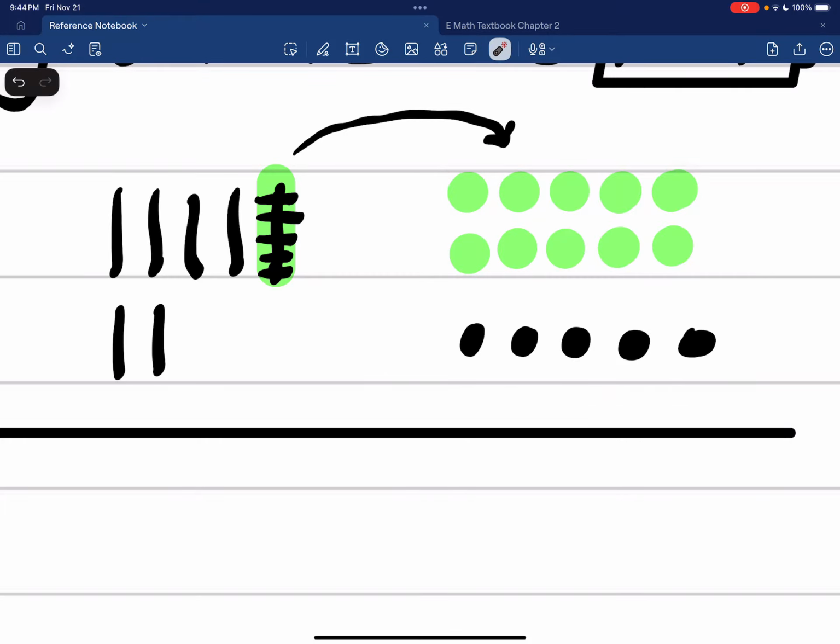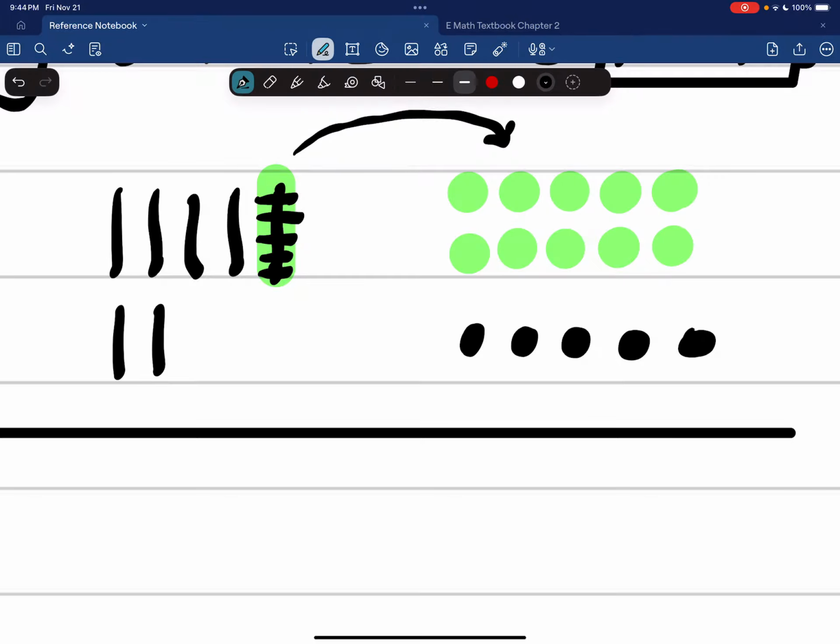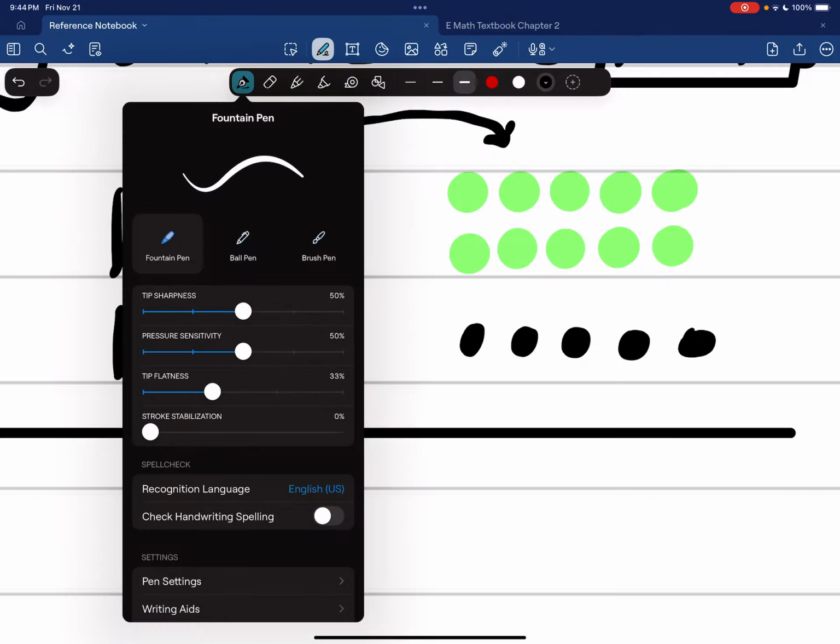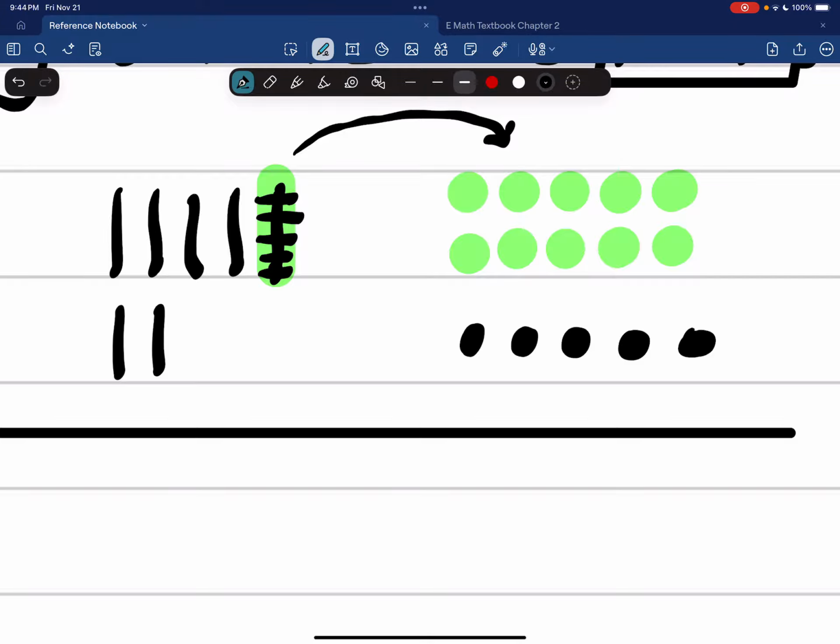Okay, so let's do that carefully. We're going to do it by saying 10 of those green dots minus 5 of the black dots. So essentially what I'm doing, I'm matching these up. So I am left with 5 of those green dots.